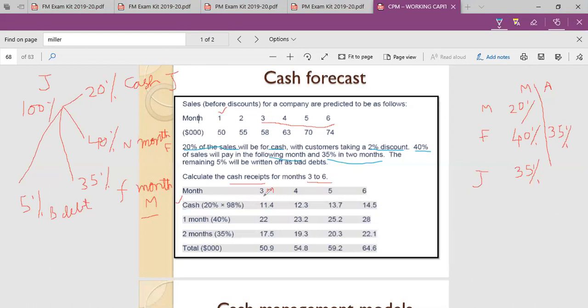Because the third month is in our purview of working out the cash collections, we have to start from the first month. What percentage of the first month will come to the third month is what we have to see.